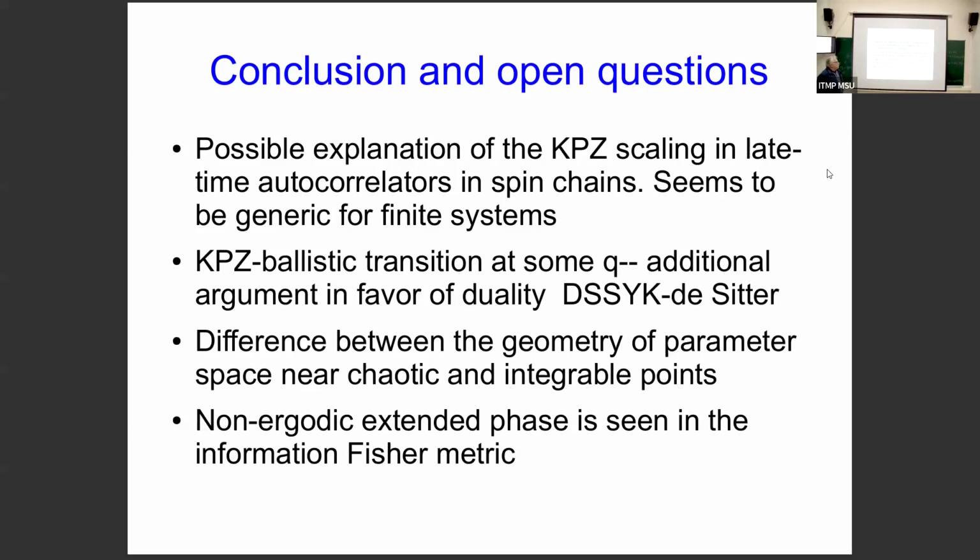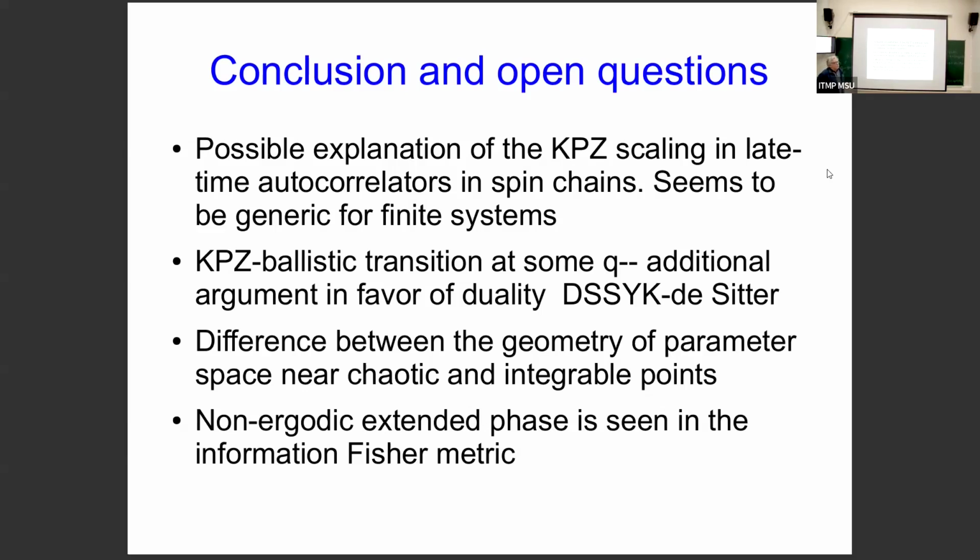It provides some additional argument in favor of double scale SYK and de Sitter. And we indeed get the singularity between integrable points of parameter space as expected from quite general grounds, but still there is no theorem.